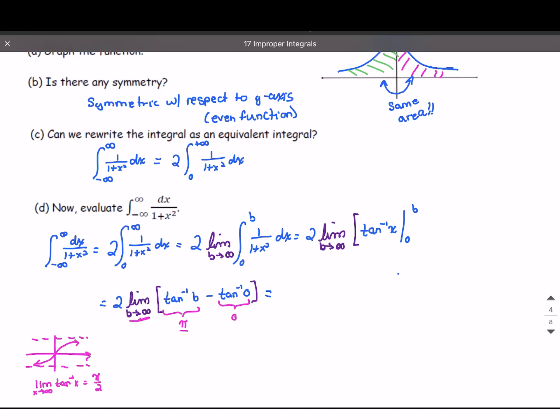So our tan inverse of b, as b gets large, is going to approach pi over 2. So that means this limit is going to become 2 times pi over 2 minus 0, which is going to give us pi. And there we go. That one has a value we can compute.